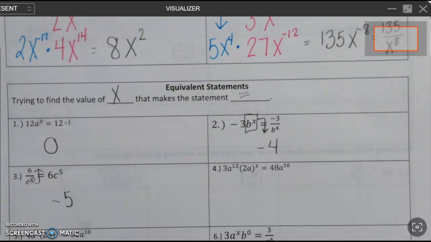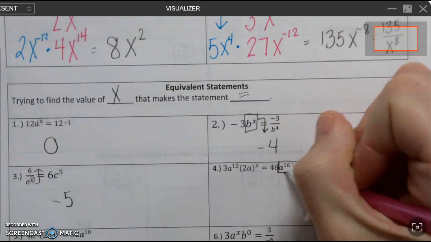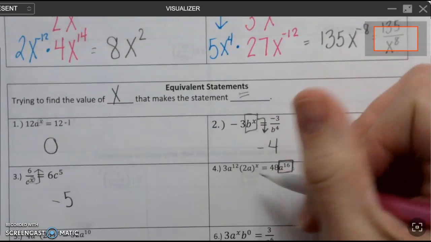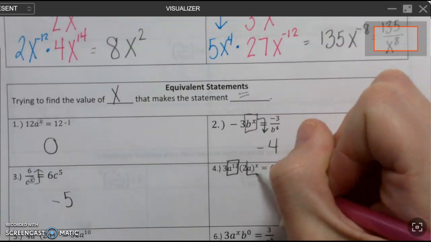Okay, when we come over to number 4, it looks super complicated. But don't fret, because what we're really going to focus on is just the variable, the a. So all I want you to look at is a to the 16th, a to the 12th, and a to the x.